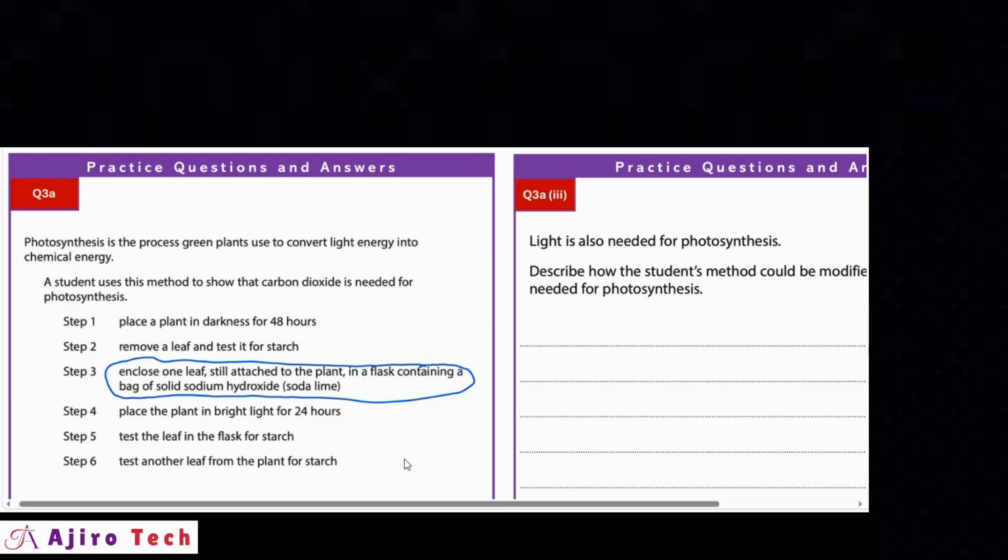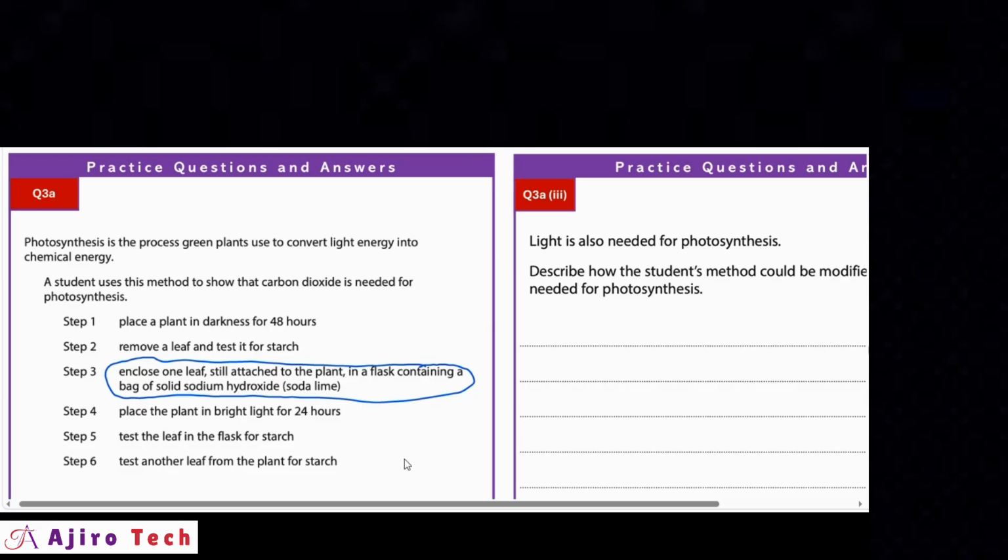That's the reason why we are using black. We can use black nylon, black paper, black cardboard, so that light is not able to reach that particular leaf. Then we can use a paper clip to hold the cardboard in place, to attach the cardboard onto the surface of the leaf, so that it will not fall off and the leaf will not be exposed.